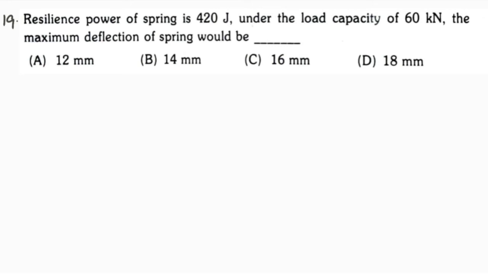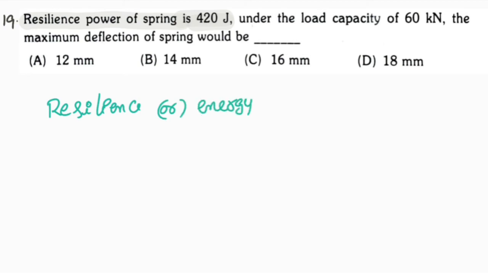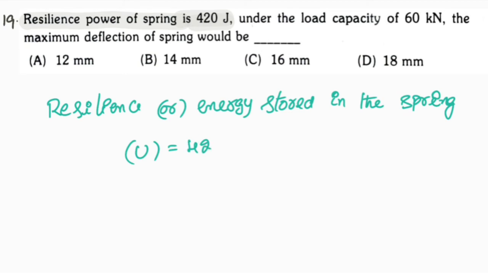Look at the 19th problem. Resilience of spring is 420 joules. The energy stored in the spring is called resilience. Energy stored in the spring, generally denoted by U, is given as 420 joules.